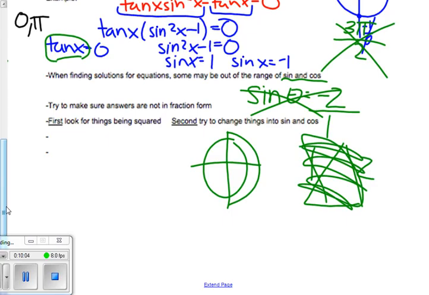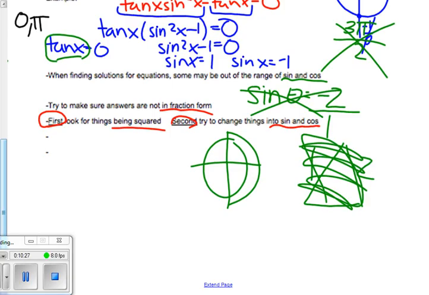Lastly, just some hints. Try to get your answers out of fraction form if possible. First we talked about looking for things being squared and seeing if we can use the Pythagorean identity. Second, try to change things into sine and cosine. Almost always that will help.